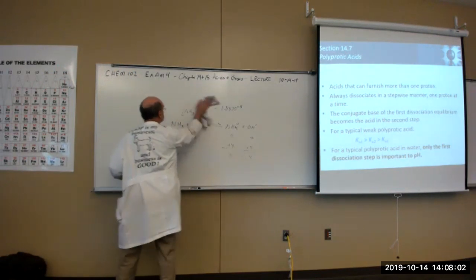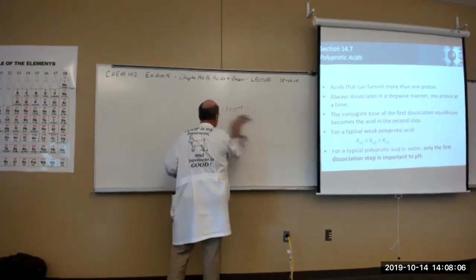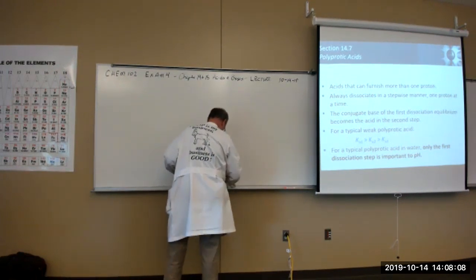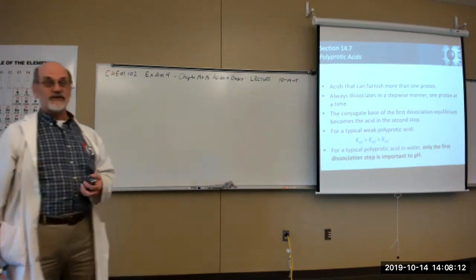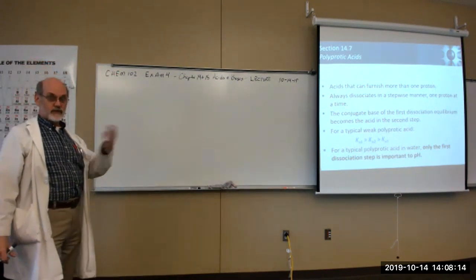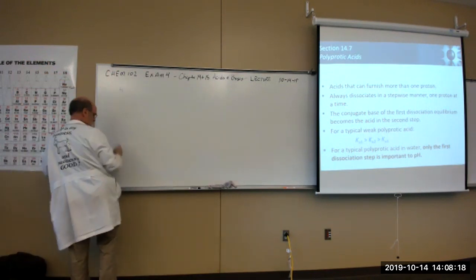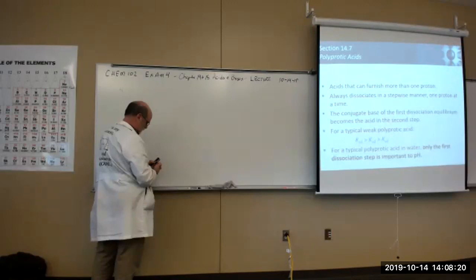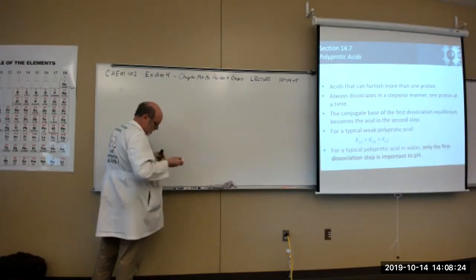Now, if that wasn't bad enough, some acids are polyprotic. That is, 2 or more protons are available for dissociation from the acid. Unlike, I'm gonna have to switch again. Let's try blue.